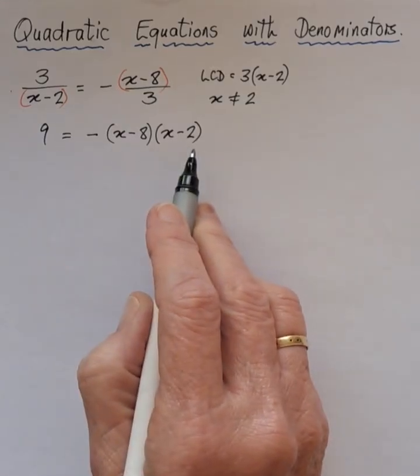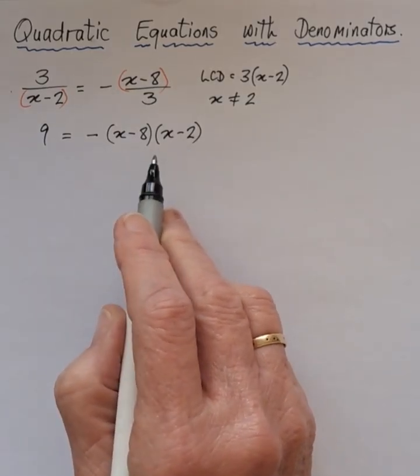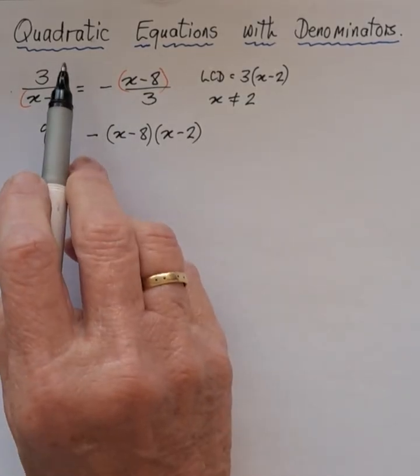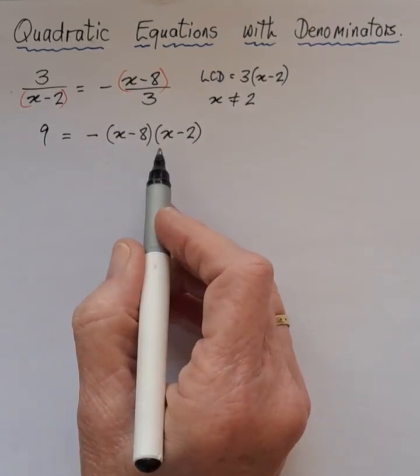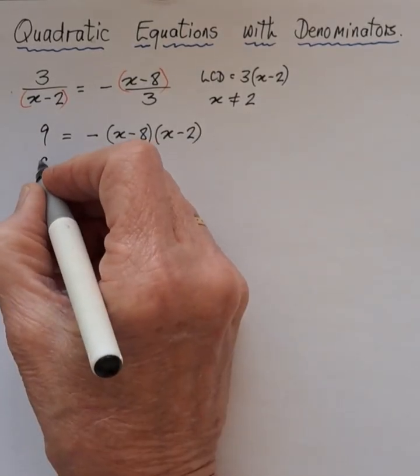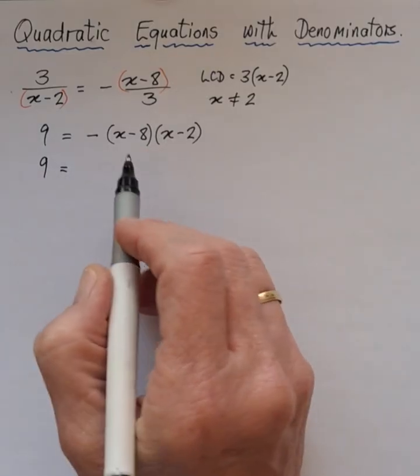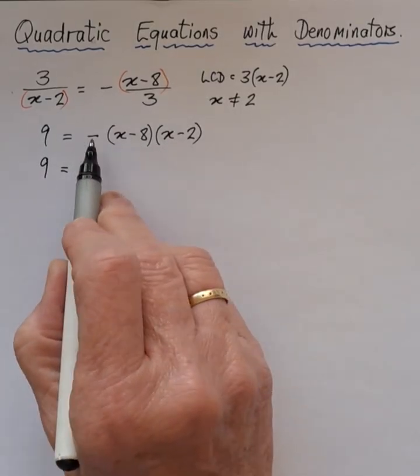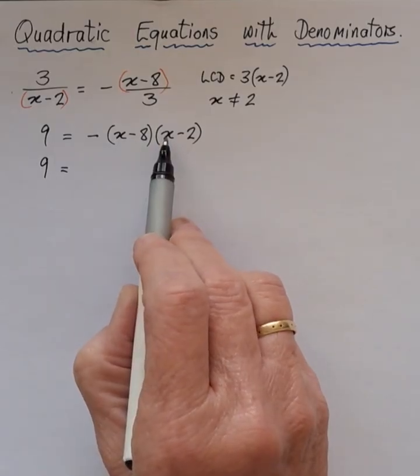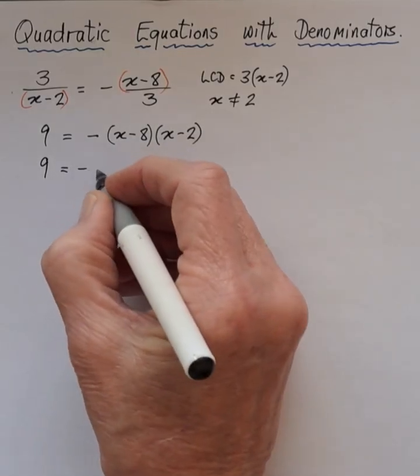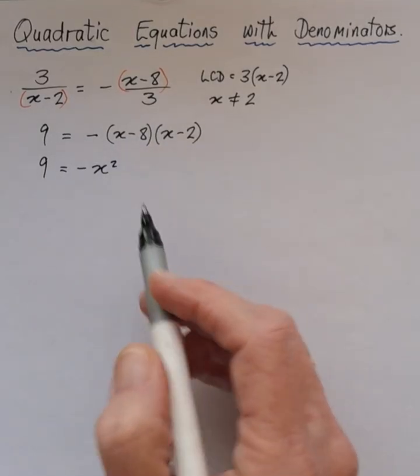Right, I need to multiply out now and then start gathering. Well, first I need to see, is it actually a quadratic equation? Sometimes with these, you can't tell until you've multiplied out the brackets. So 9 equals, I'm going to do FOIL and multiply that in at the same time. So x times x is x squared times the negative is negative x squared.